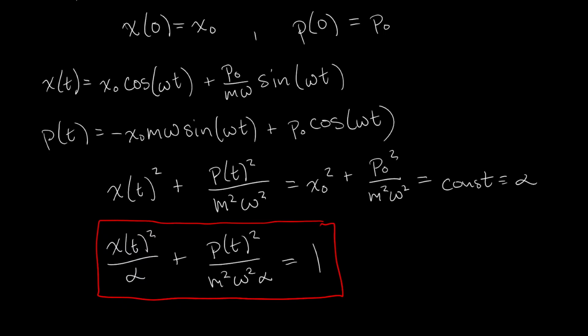An ellipse centered on the origin with semi-major and semi-minor axes, alpha and m omega, or m squared omega squared alpha, depending on which one is bigger. Right, because if I want to plot an ellipse, my equation is something like this, where t just determines where I'm at on the ellipse.